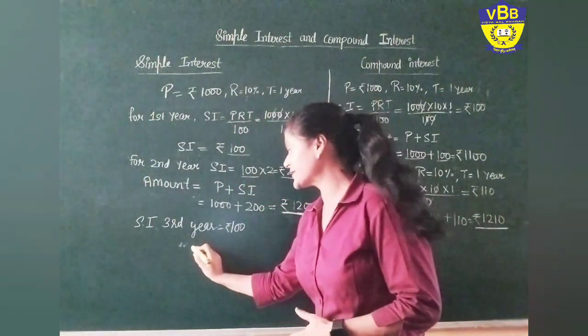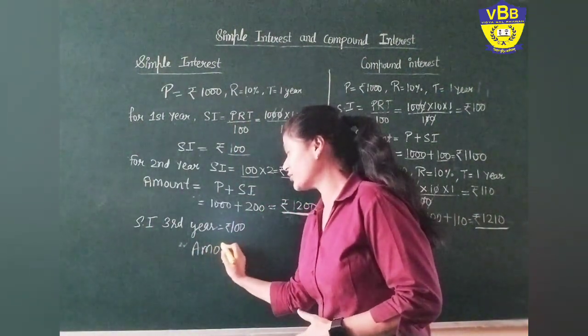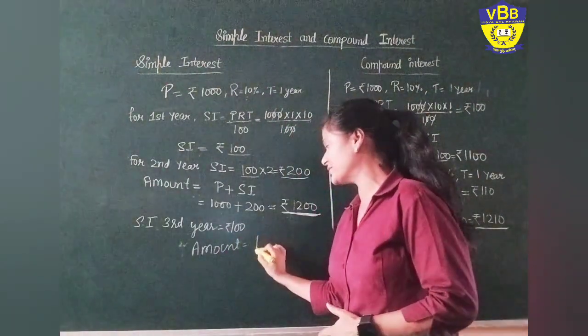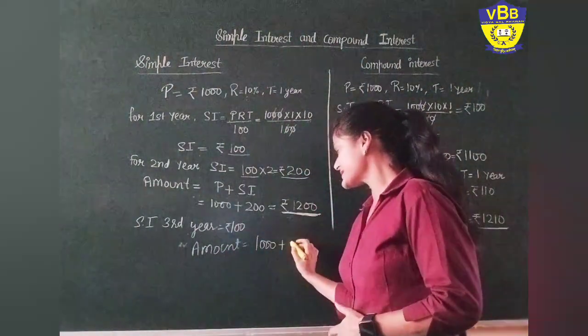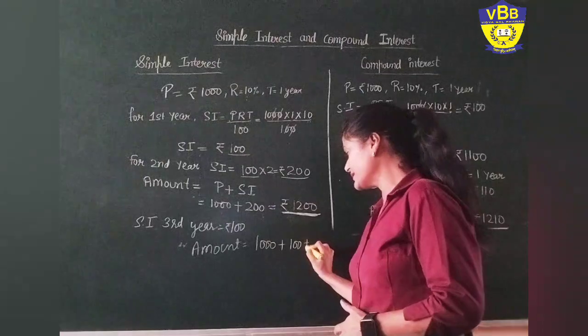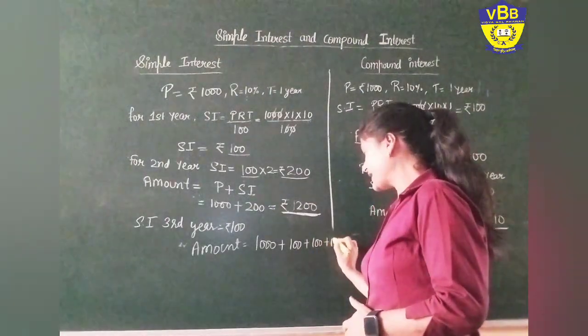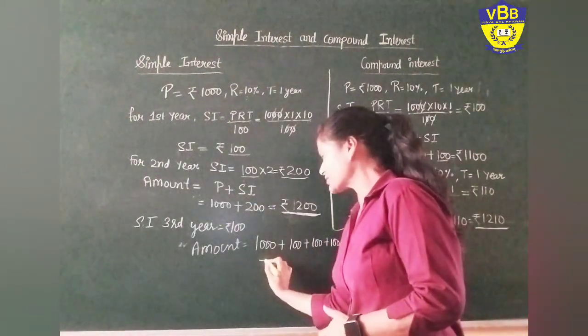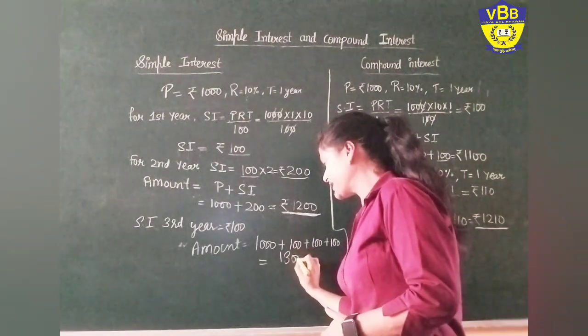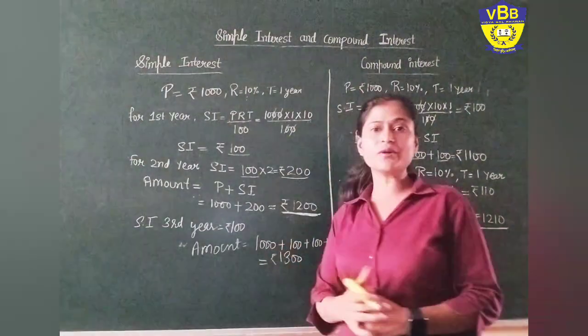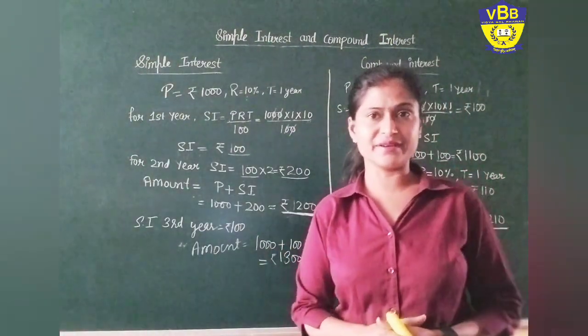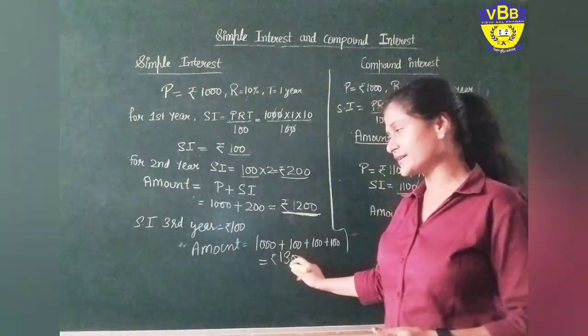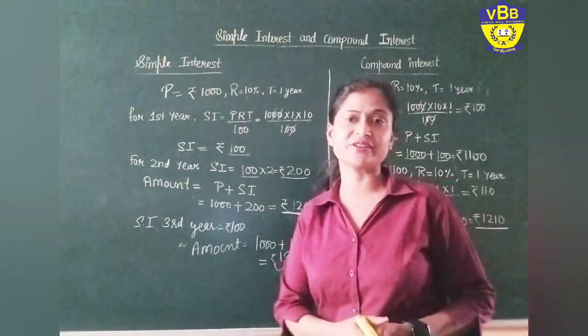So the amount after 3 years will be 1000 plus 100 for the first year, 100 for the second year and 100 for the third year. Total amount will be 1300 rupees. We are getting 1300 as an amount after completing 3 years.